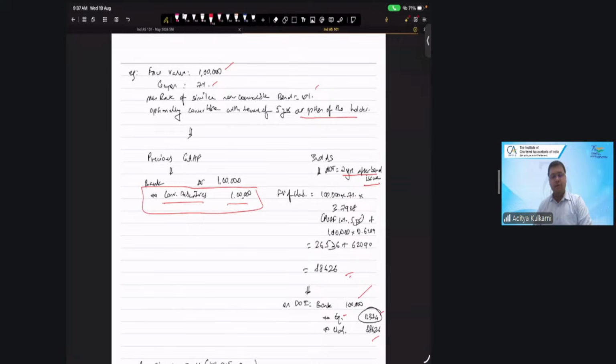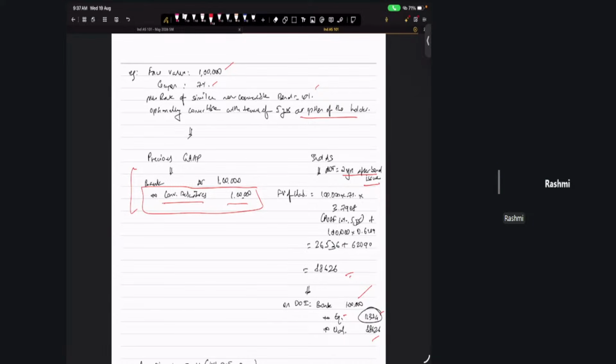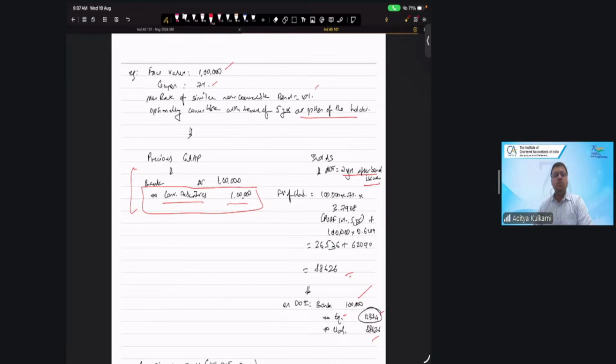The entry that you had posted previously was bank account debit to convertible debentures 1 lakh rupees. Under AS, this is the entry that you would pass. There was no split. This would go and sit in your liability, 1 lakh rupees.